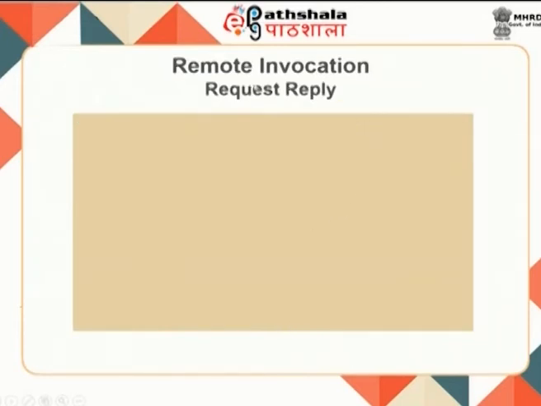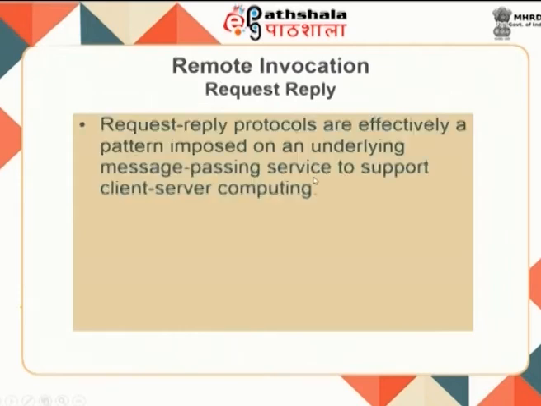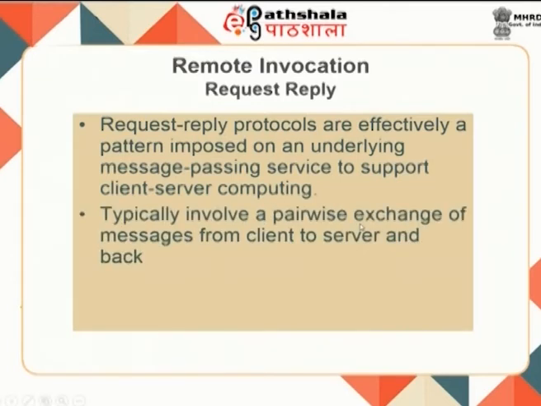The first one is called the request reply protocol. In request reply, it is the simplest and essential mechanism of message passing. Typically, it is a pairwise exchange of messages. So, when a client sends a request, a server responds to that request, and this pair of a request and a reply is the basis on which the request reply protocol is formed.